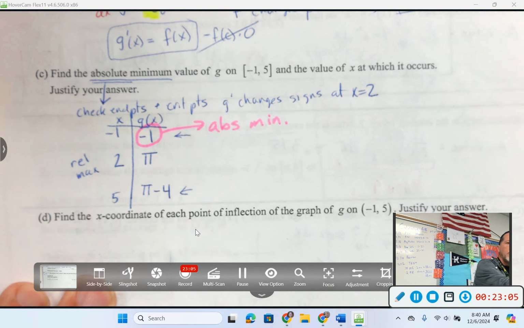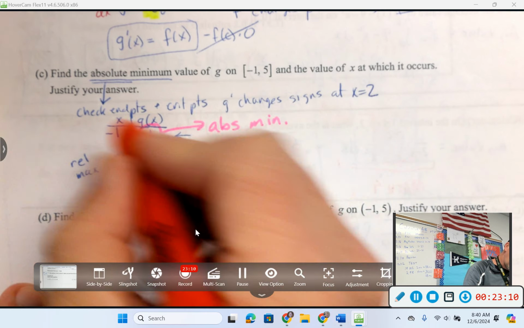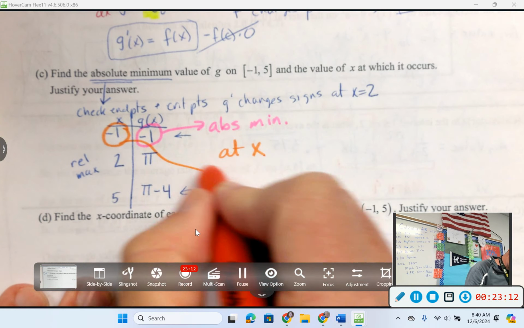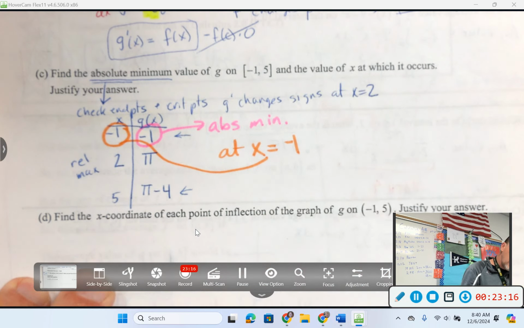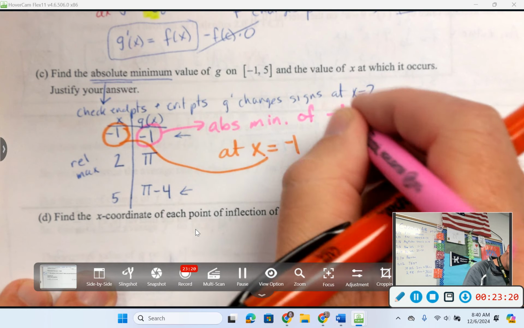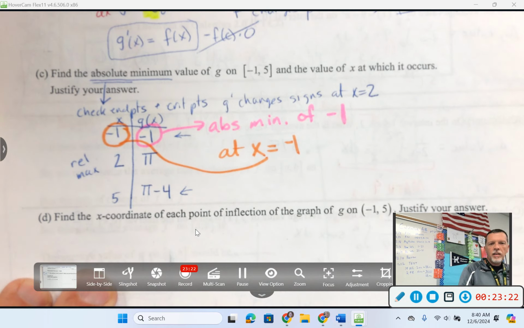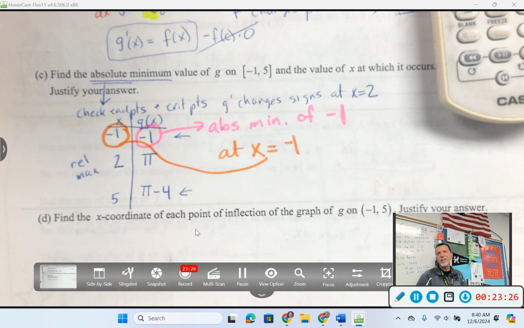And it occurs at x equals -1. So that's not the best example, because both of the answers are -1. So if you got them backwards, you'd still get it right. Kind of nice. The min or max is the y value. Where it happens is the x value.